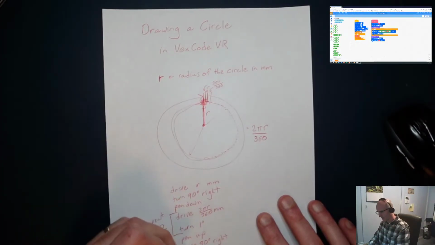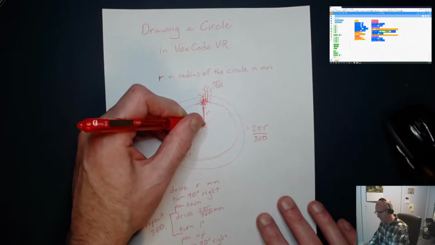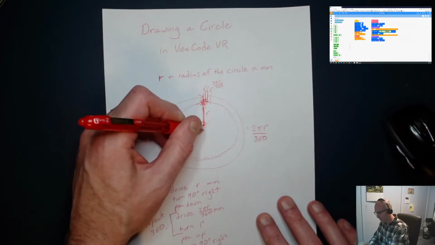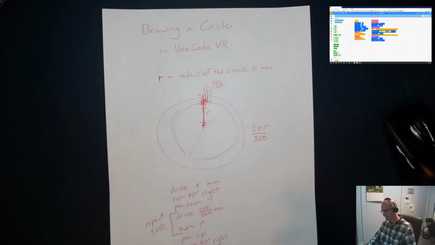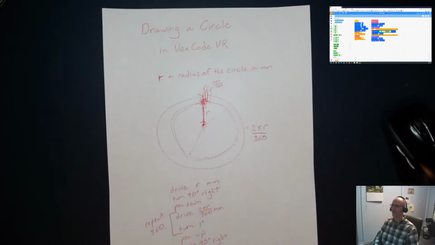And then you're going to drive r millimeters forward, and that will bring you right back down here. Now, if you started pointing this way, now you'll be pointing in the opposite direction. If that concerns you, you can always turn 180 degrees and you'll be facing back in the same direction at the same position that you were when you started drawing that circle.